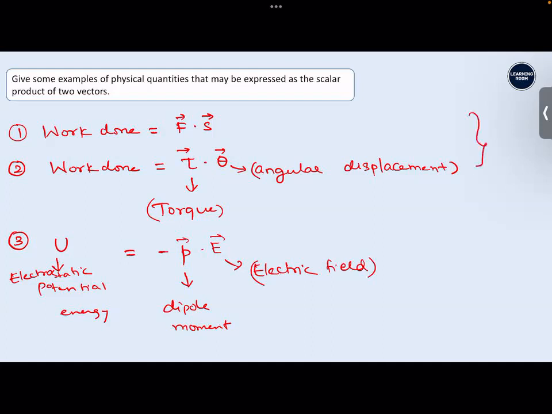But this year, the two important quantities that you'll be learning are the first ones. Just make a note of it with the heading.